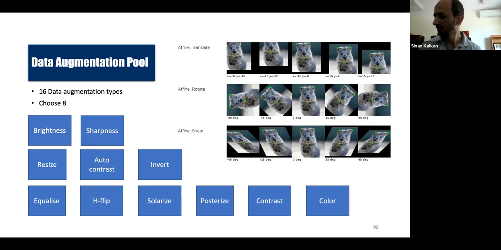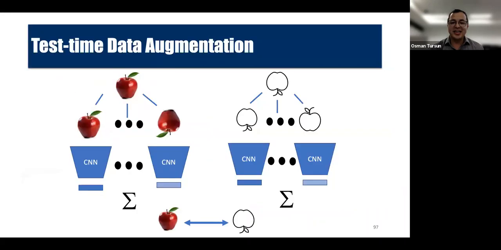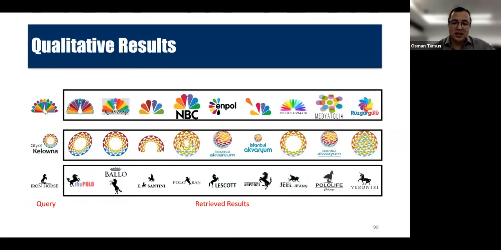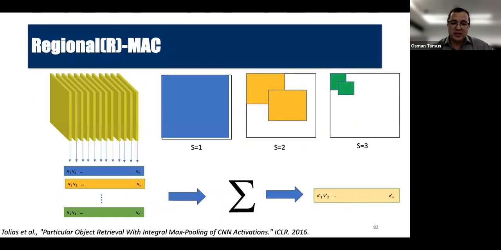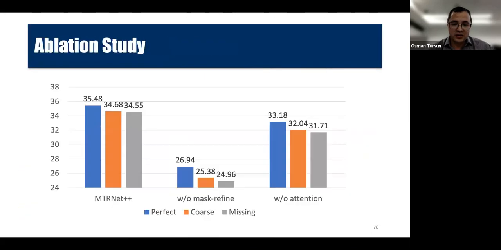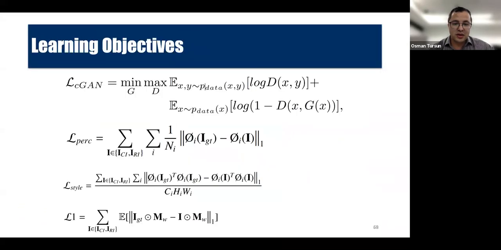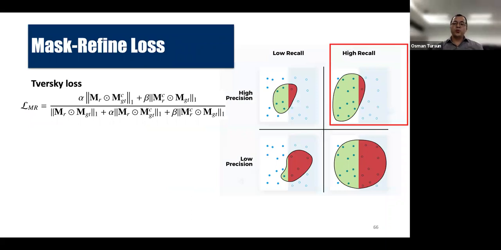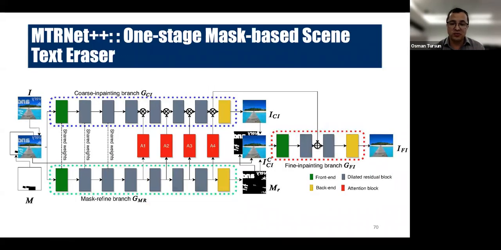And I was curious about Tversky loss. Am I pronouncing it correctly? On slide 6. Yeah. So we use this loss. I will show this framework because we are giving a mask to our fine inpainting branch.